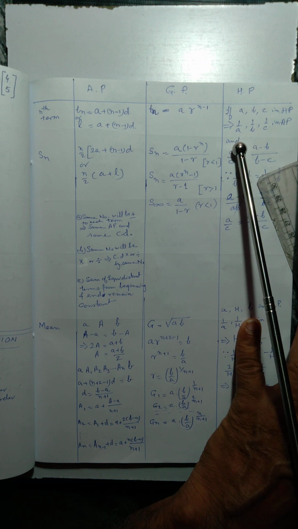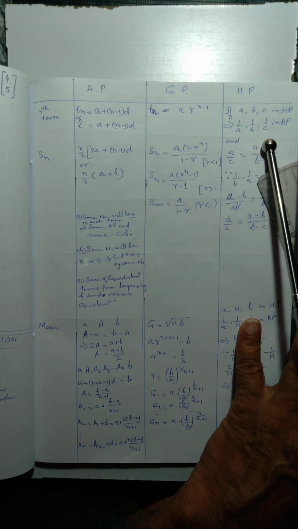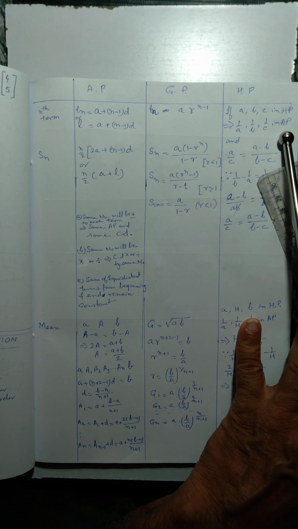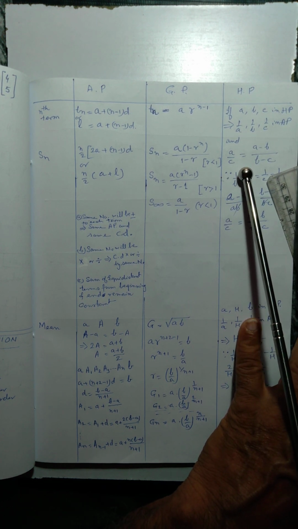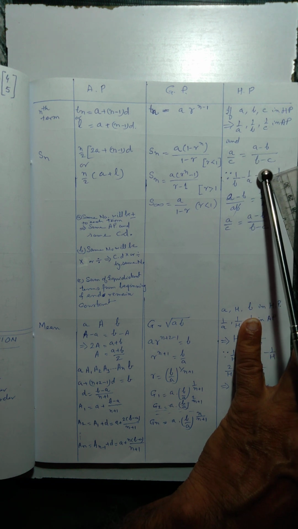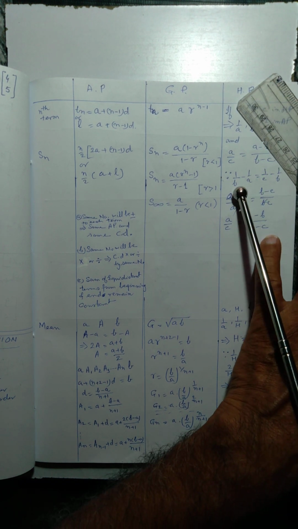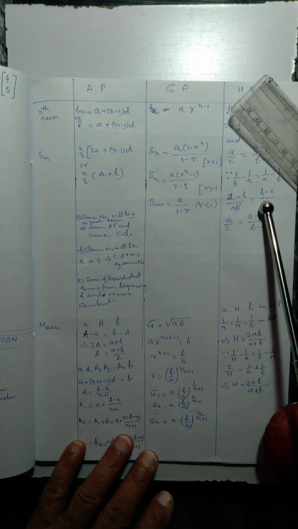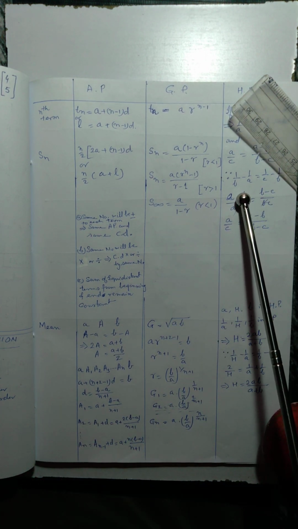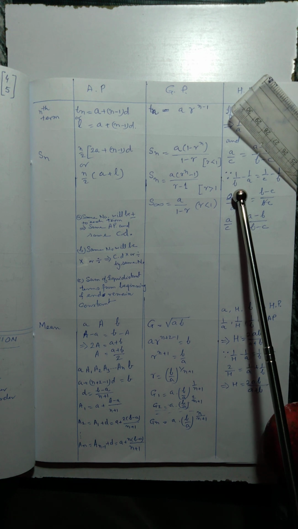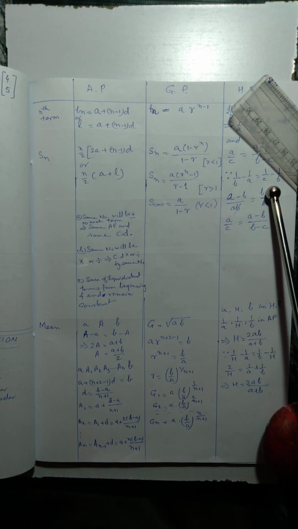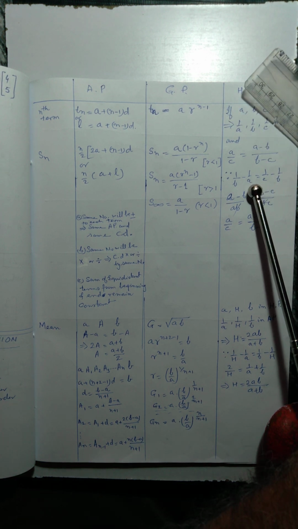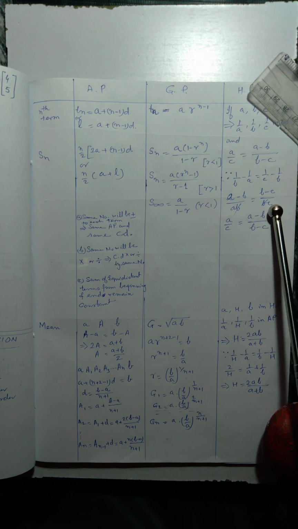At that time 1 upon a, 1 upon b, 1 upon c will be in arithmetic progression, and a upon c is equal to (a − b) upon (b − c), because we know that in arithmetic progression the second term minus the first term, that is 1 upon b minus 1 upon a, should be equal to the third term minus the second term, that is 1 upon c minus 1 upon b.